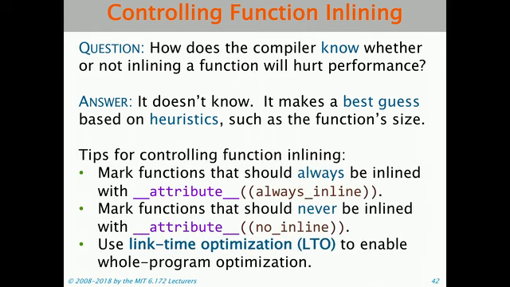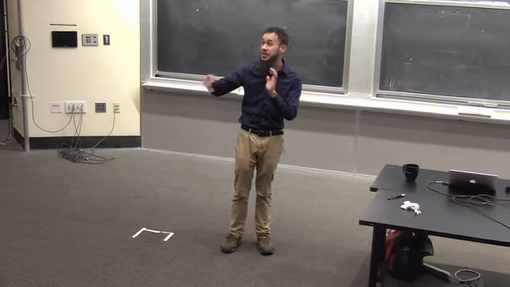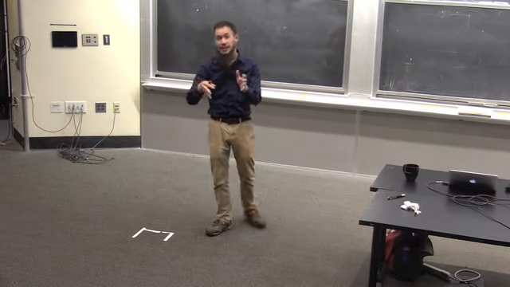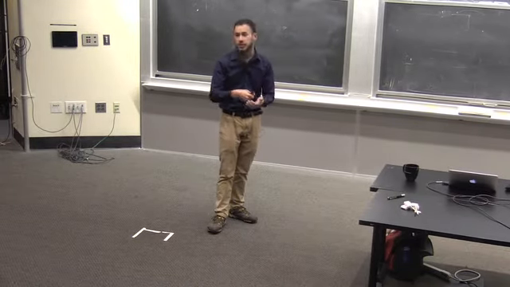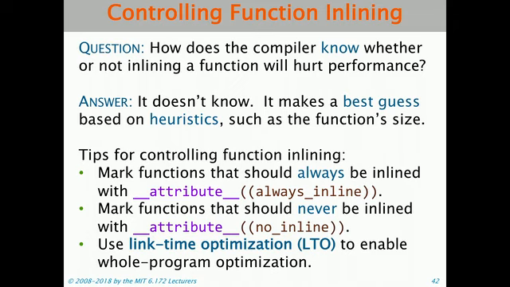So to wrap up this part, here's just a couple of tips for controlling function inlining in your own programs. If there's a function that you know must always be inlined, no matter what happens, you can mark that function with a special attribute, namely the always inline attribute. For example, if you have a function that does some complex address calculation, and it should be inlined rather than called, you may want to mark that with an always inline attribute.